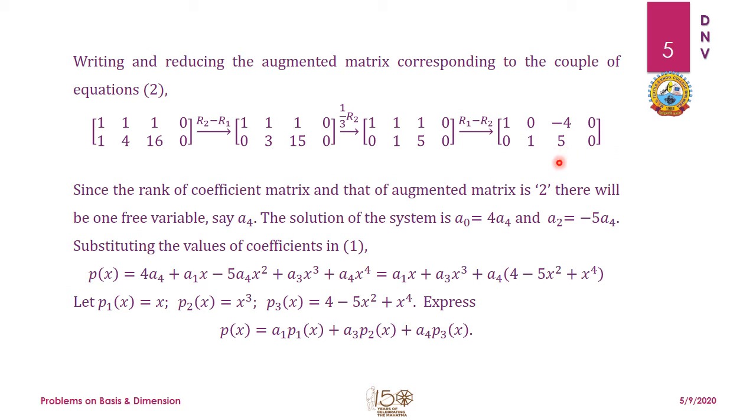The rank is 1 less than the number of unknowns, so one unknown will always be free, and let us say a4 is the free unknown out of a0, a2 and a4.